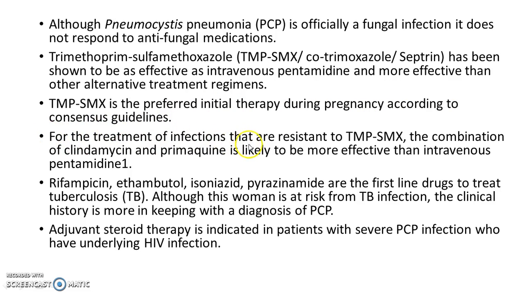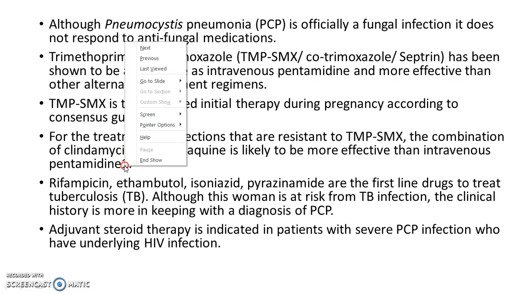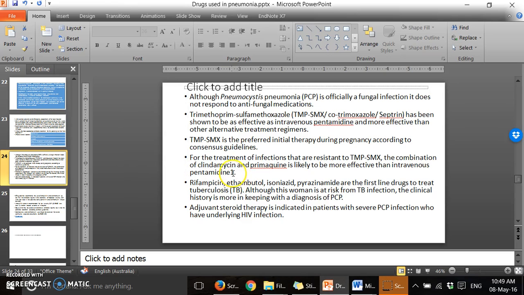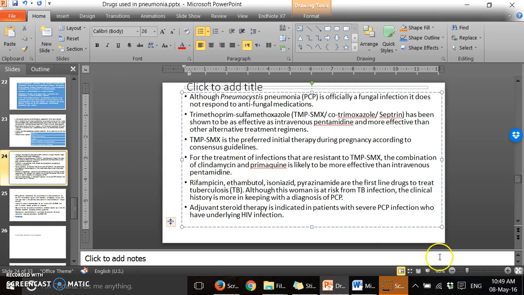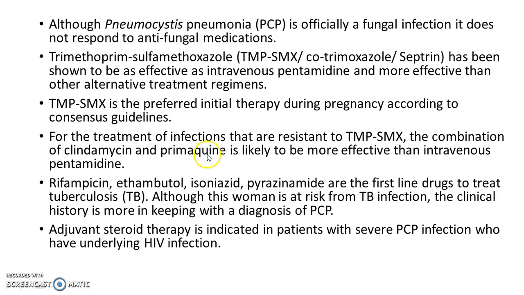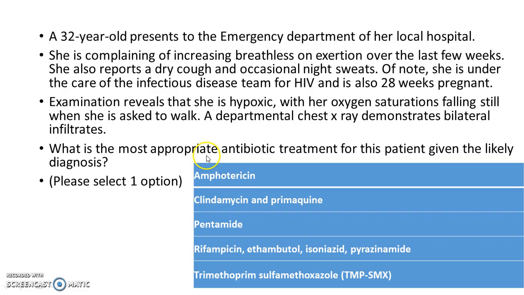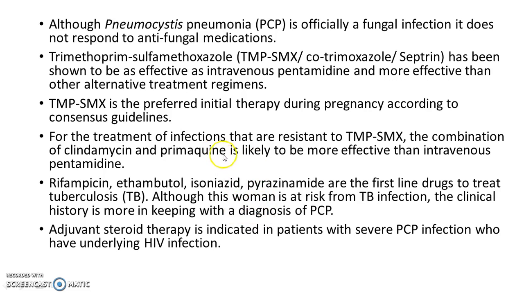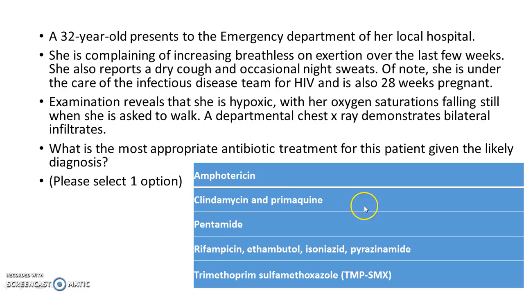For the treatment of infections that are resistant to TMP-SMX, the combination of clindamycin and primaquine is likely to be more effective than intravenous pentamidine. Just forget about this. Once you find that it's resistant, then only you might want to go to clindamycin and primaquine.